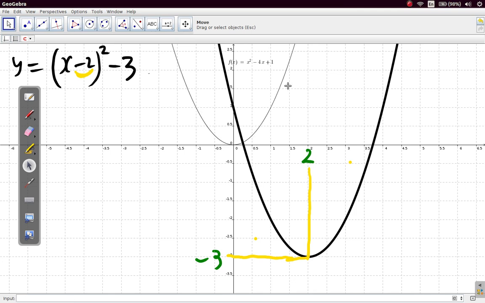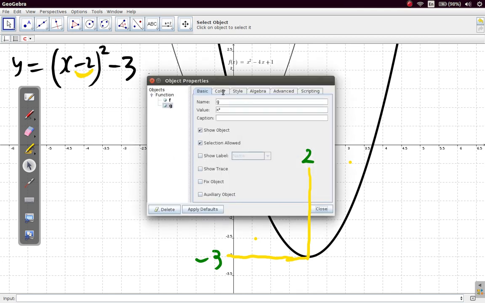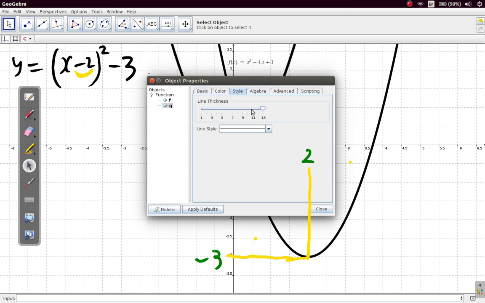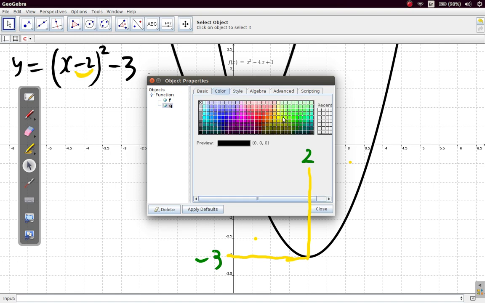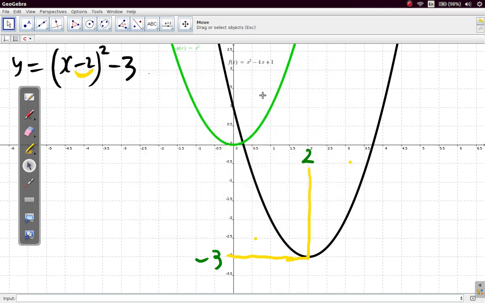This is the graph y equals x squared. Let's make it thicker and change the color as well. I'll use some greenish color. Okay, good. And I want to show the label. Alright. Now the green graph is the graph of y equals x squared.